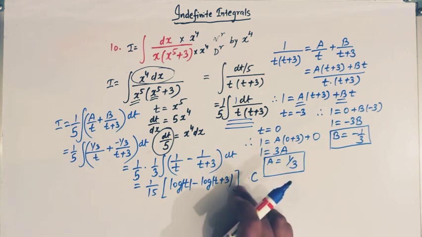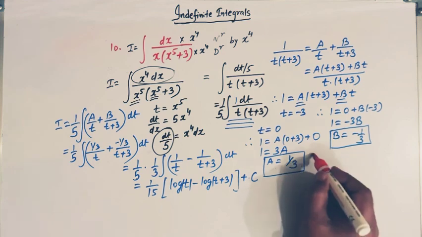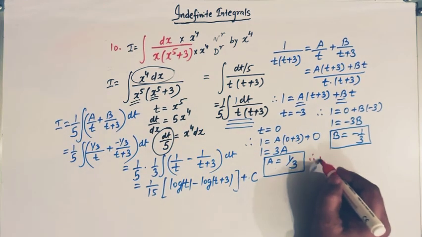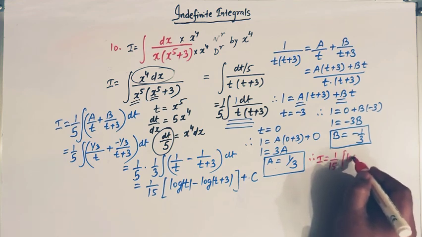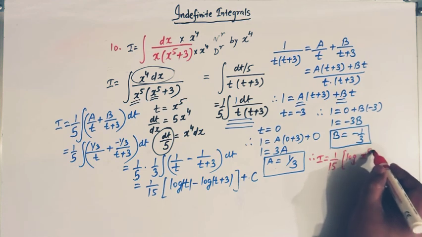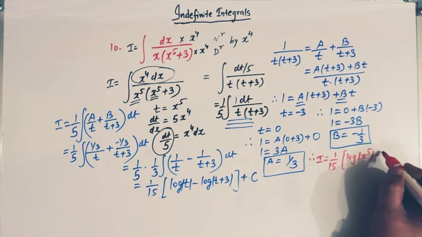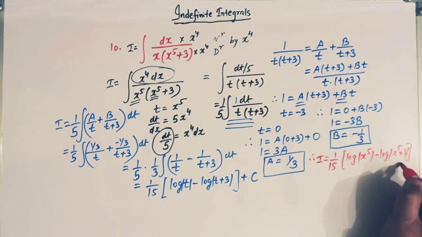Okay, so now we can resubstitute the values of this t here. So the integral I becomes 1 over 15, and we have log of t, that is x raised to 5 minus log x raised to 5 plus 3, right, plus c.